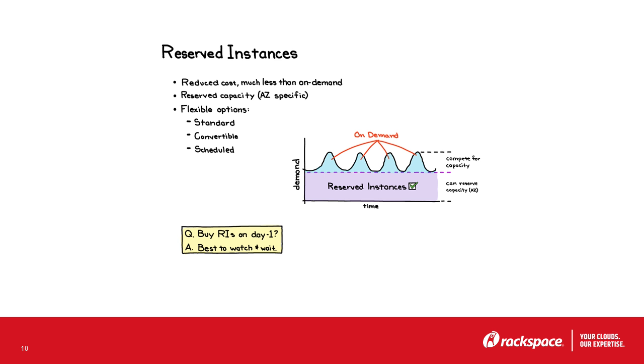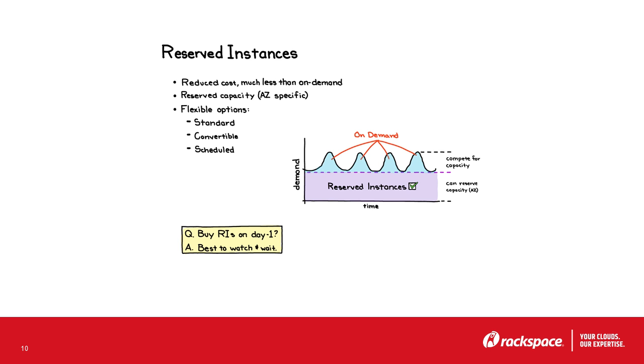In return for doing that, AWS gives you a significant discount on that instance. Depending on the term that you require, whether it's 1 year or 3 year, and the instance type, you can see from 30 to, I've seen up to 75% savings over the course of a reserved instance lifetime.